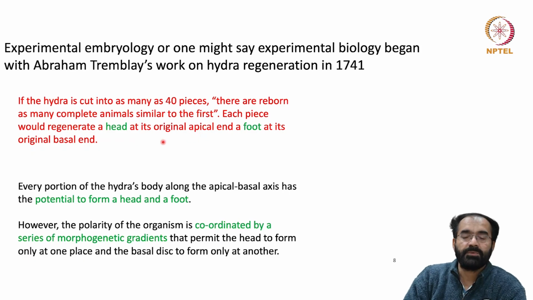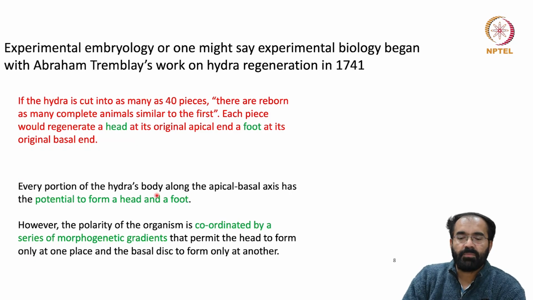Maybe people would have noticed much before that. If hydra is cut into as many as 40 pieces, they are reborn as many complete animals similar to the first. Similar, not size wise, but appearance, morphology wise. Each piece would regenerate a head at its original apical end and a foot at its original basal end. They will be miniature hydras.